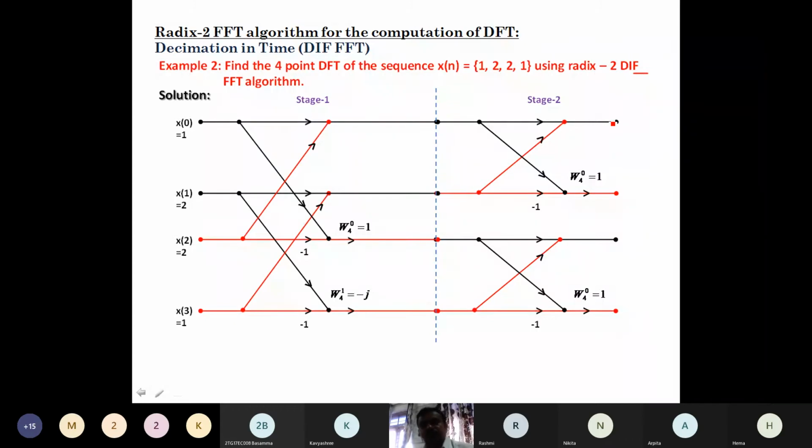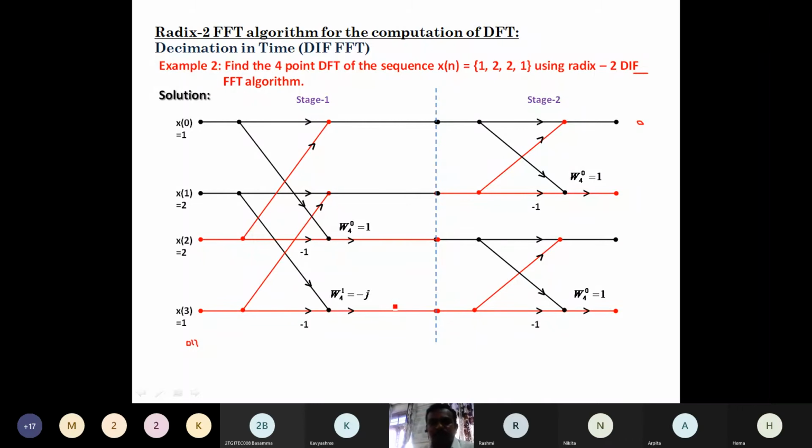What will the output be? It is decimated, so the output is in exact binary reverse order. What do you get? The reverse of 0 is 0. The reverse of 1 is 2. The reverse of 2 is 1. The reverse of 3 is 3.